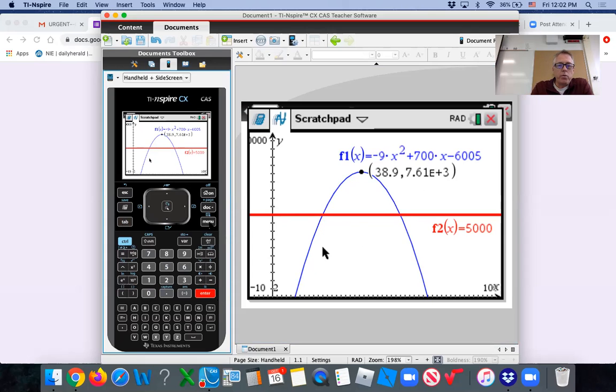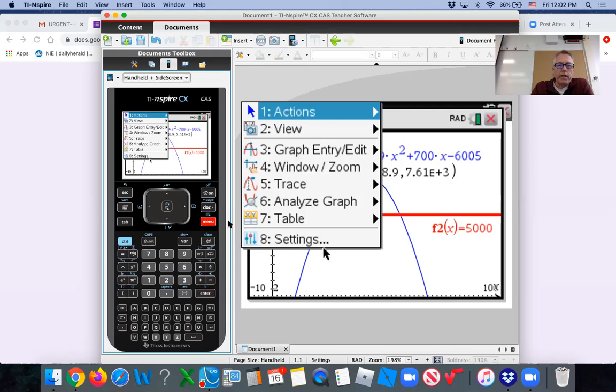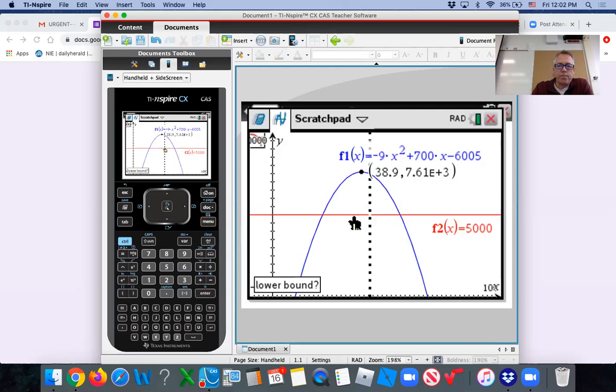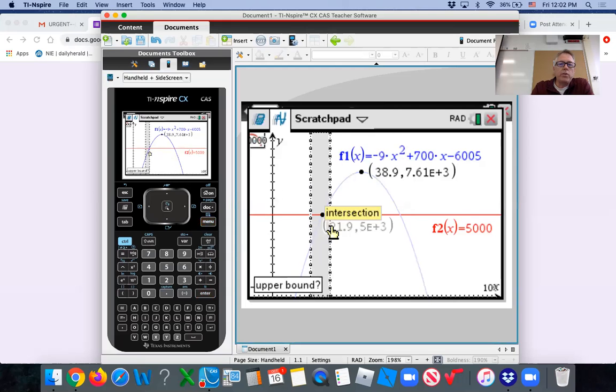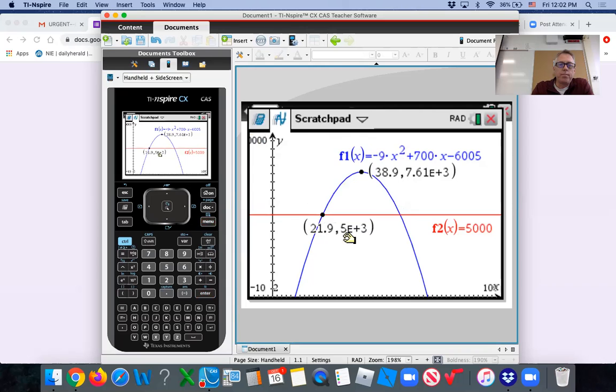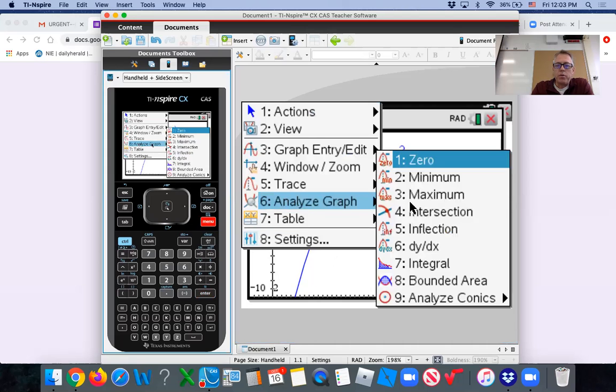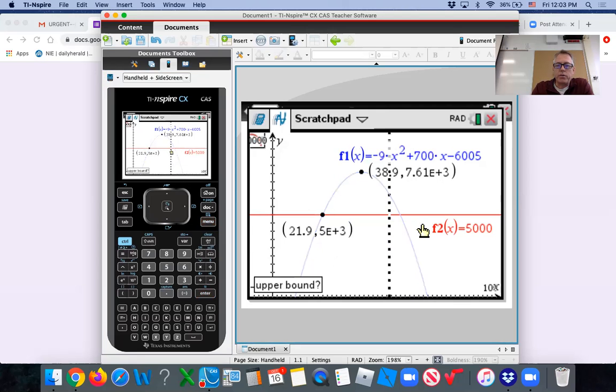So I could go to menu and analyze graph and find their intersection. Now you have to do the intersection one at a time. So there's the first intersection. And I'm going to do that again to find the second intersection.